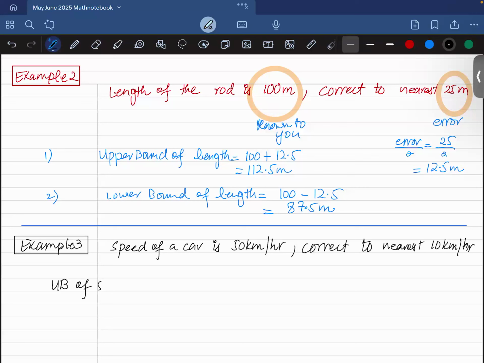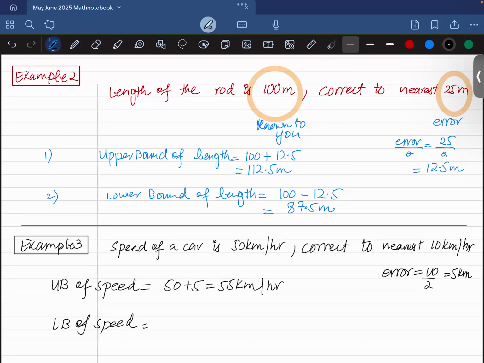So upper bound of speed equals, and the lower bound of speed. You can see that the error is 10. So 10 divided by 2 would be 5 kilometer per hour is the error. So for upper bound, I will add the error: 50 plus 5 is 55 kilometer per hour. And for the lower bound, I will subtract it: 50 minus 5 is 45 kilometer per hour.